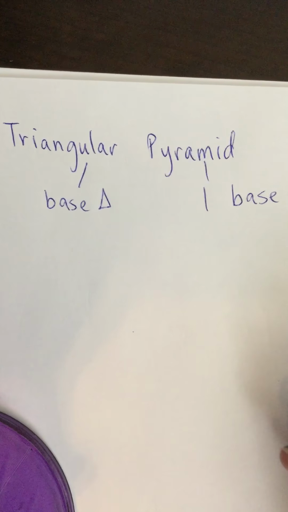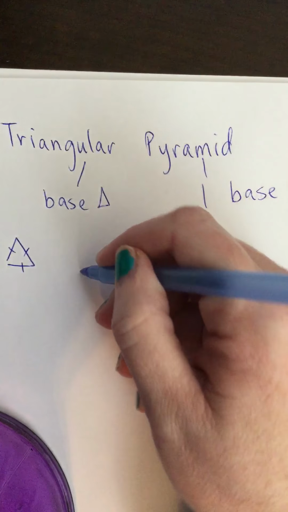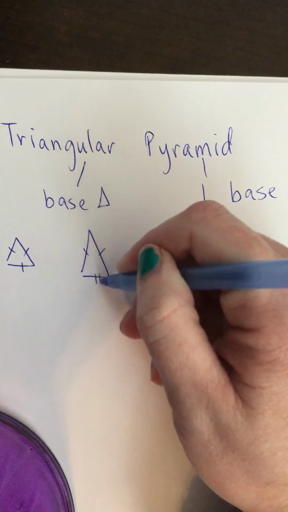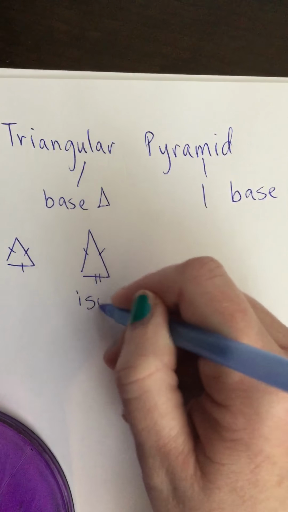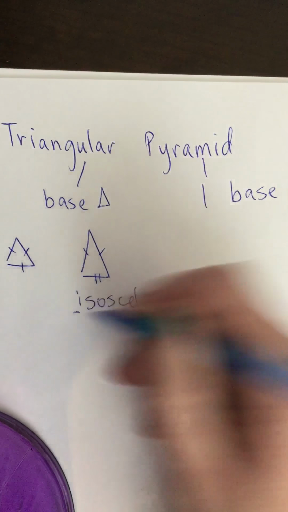Now, the base of this triangle could be equilateral, where all sides are equal. It could be isosceles, where two sides are equal, but the other one is not. Okay, and the way you spell that is I-S-O-S-C-E-L-E-S.